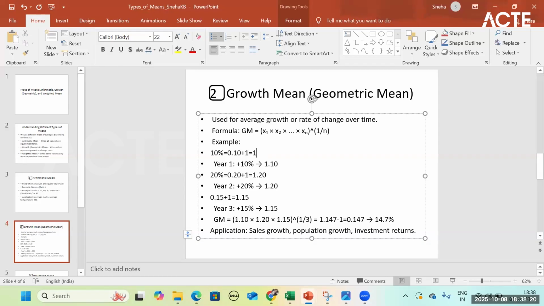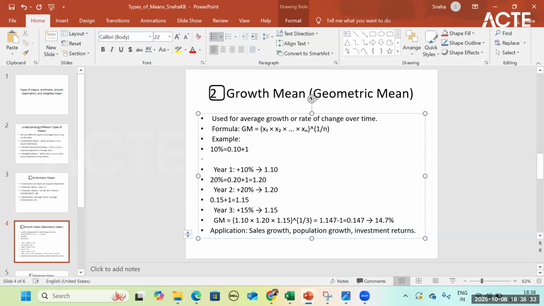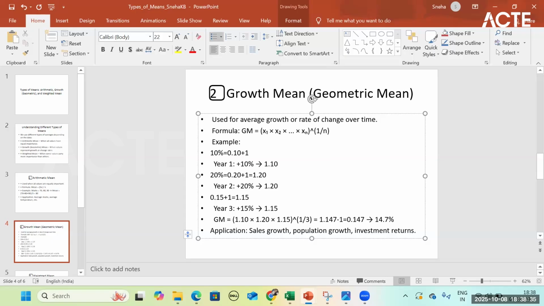Add 1, ma'am? Yes, it is easy for the calculation. I'll tell you why it is important when you go further, how it is converted. When I add 1 to 0.10, the value is 1.10. So year 1 will be 1.10.